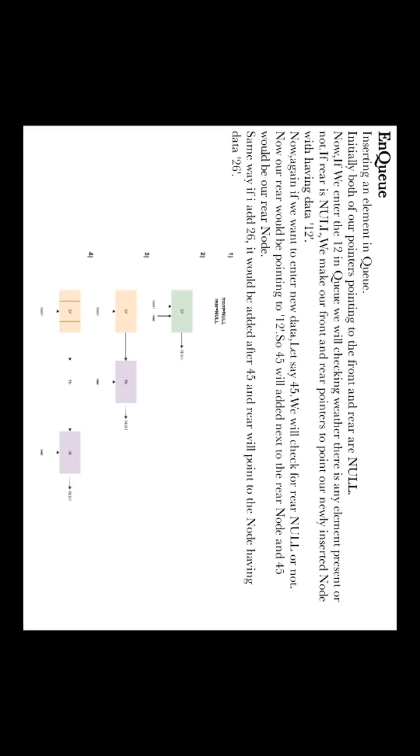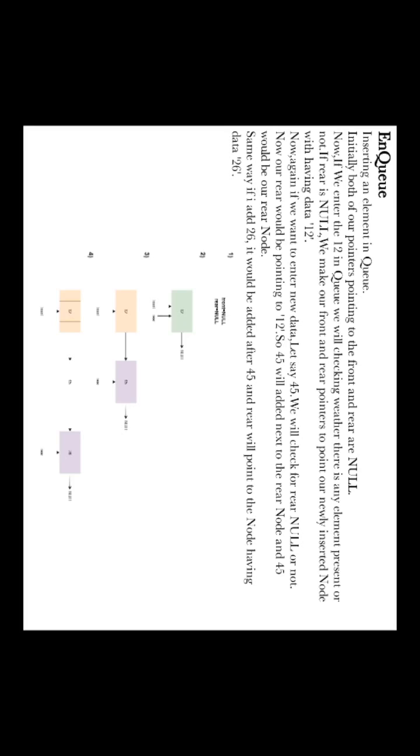Initially both of our pointers, front and rear, are null. Now if we enter 12 in queue, we will check whether there is any element present or not. If rear is null, we make our front and rear pointers point to our newly inserted node having data 12.